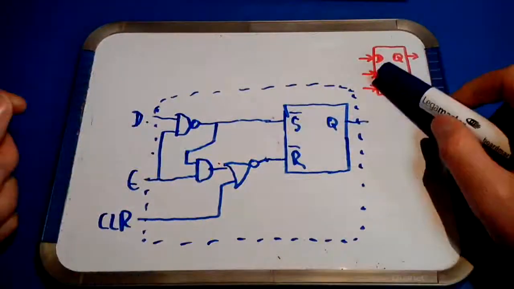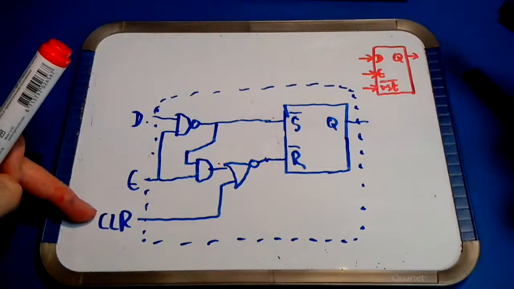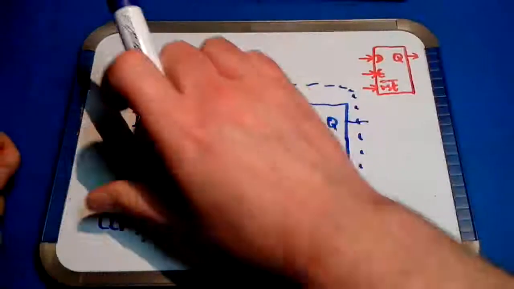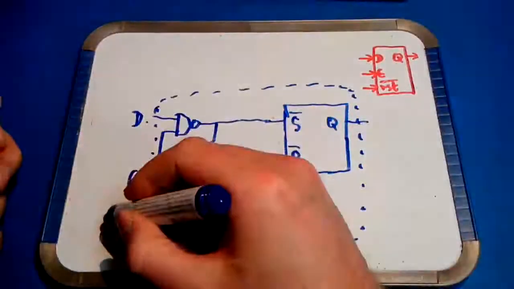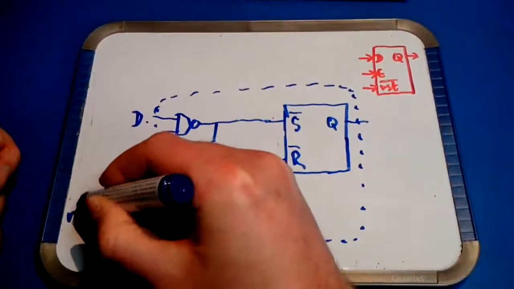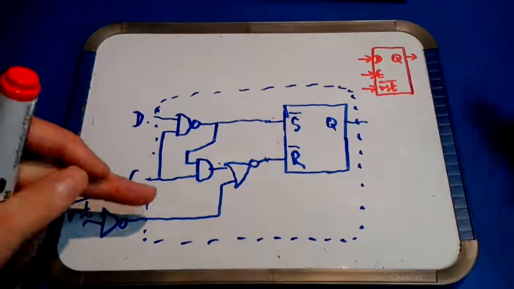Right, this looks pretty much like that, except this clear input is high active and the reset input there is low active. Well, we can fix it pretty easily by applying an external inverter. Like that. Now it's exactly the same.